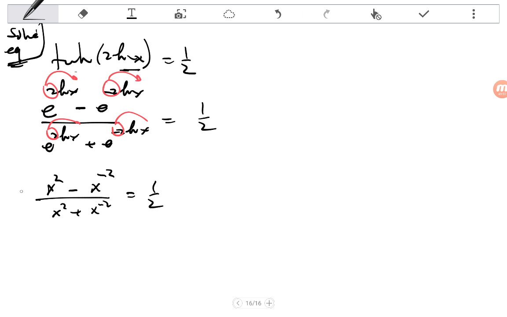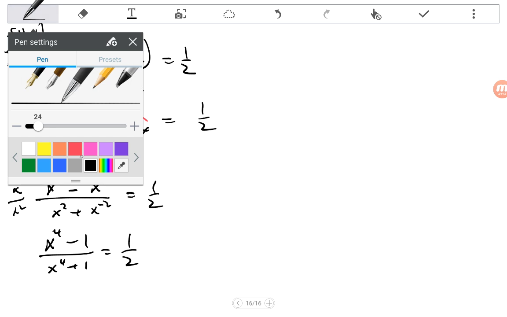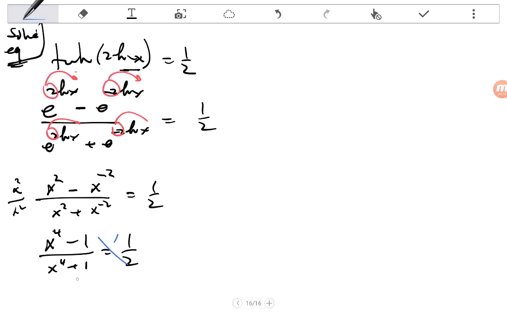Maybe it's better to multiply by x squared to get rid of this negative power. We don't like that negative, so it will be x power 4 minus 1 over x power 4 plus 1 equal to half. Now I take the cross rule, which says that will be 2x power 4 minus 2 equal to x power 4 plus 1.